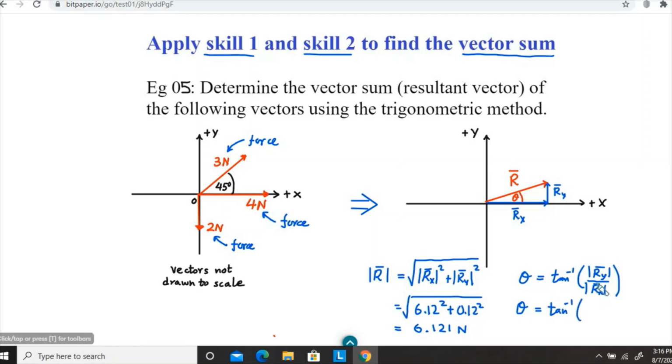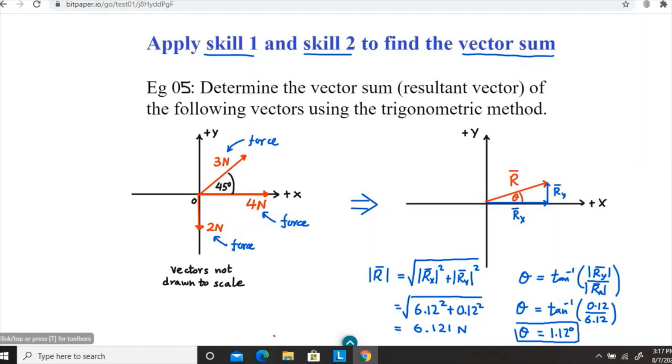So the numerator would be 0.12 divided by 6.12, and then when you solve this, you are going to get theta equals 1.12 degrees. So you can see it's a very small angle.